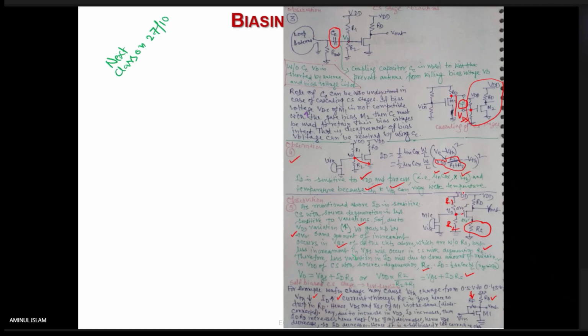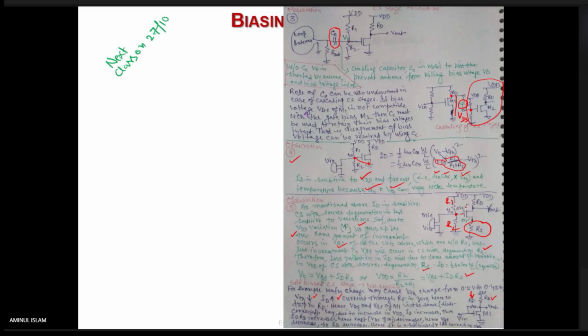Suppose VDD is increasing, what will happen? VO will vary. VO is obtained by dividing the voltage VDD by R1 and R2. So if VDD is increasing, delta VO will increase as shown here.